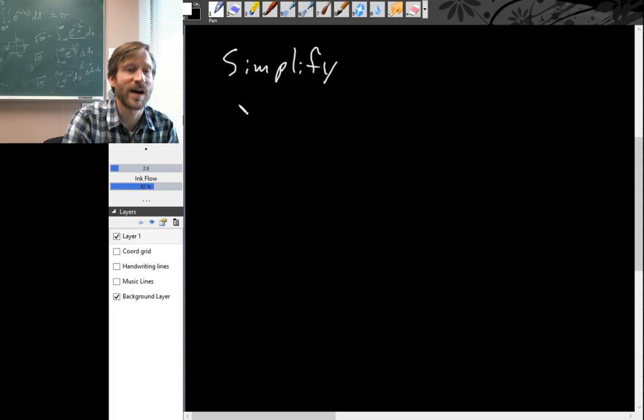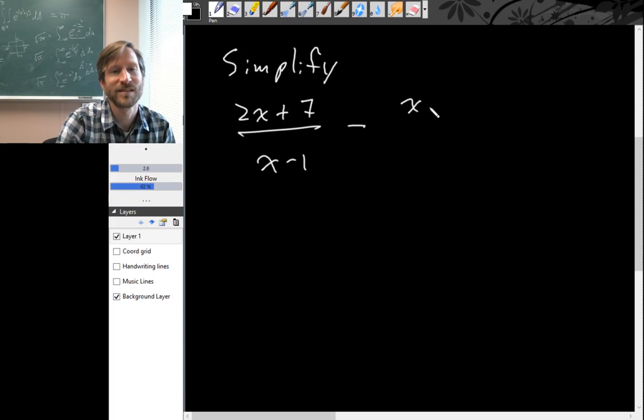So let's simplify 2x plus 7 over x minus 1 minus, let's say, x plus 4 over x minus 1. All right. So the mistake that people often make is they say to themselves, well, I have two rational expressions and the denominators are already the same, so I can go ahead and subtract them.